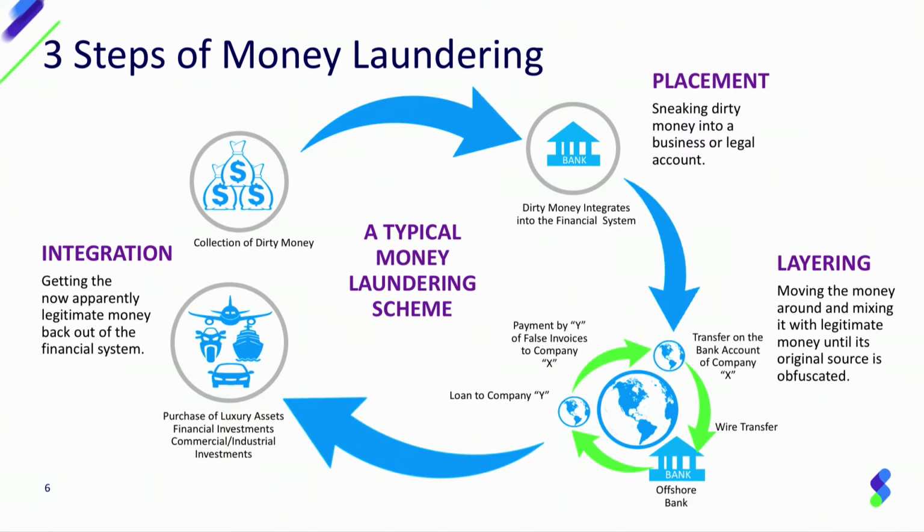In some countries, the regulations are not as strict, so it might be shown as if an investment was made in a foreign country. Some examples. And then the layering.